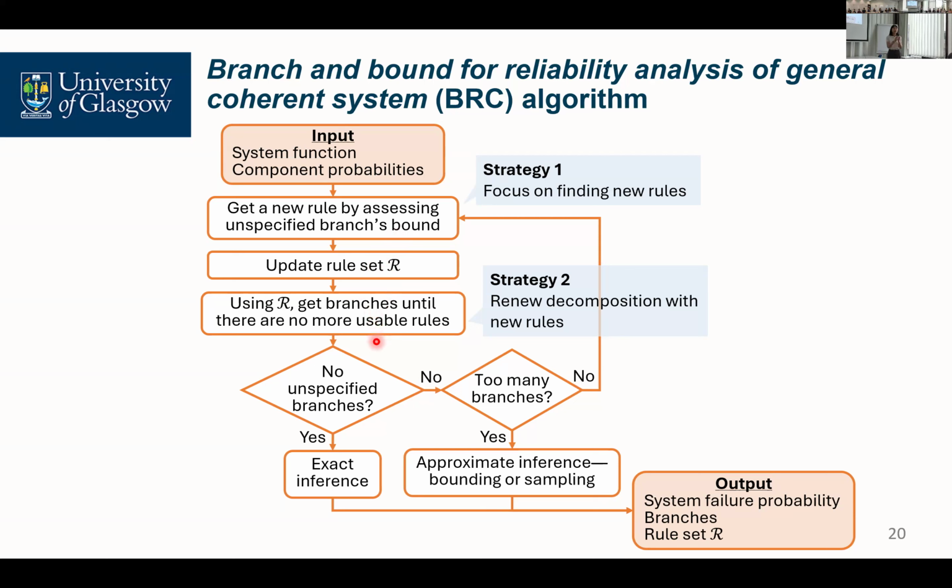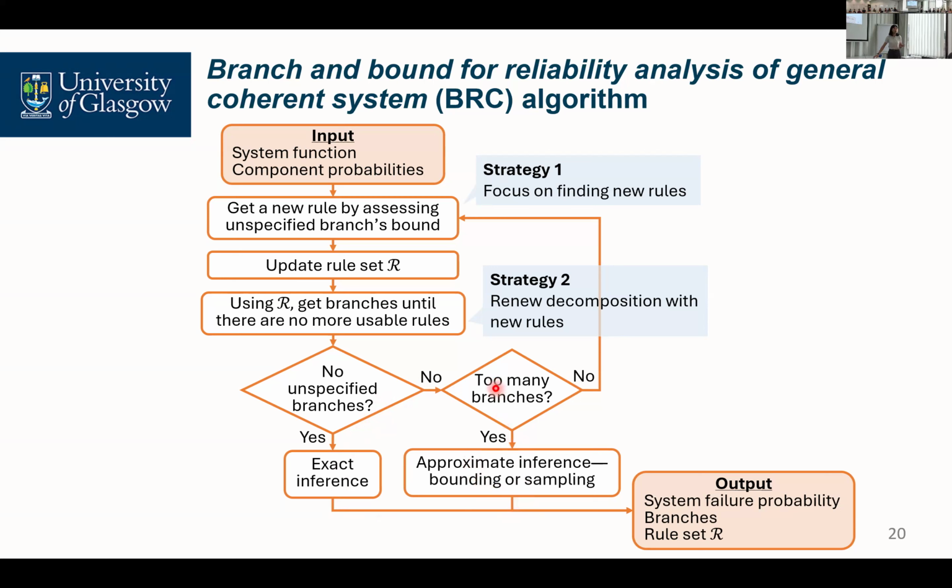Then, using these given rules, it tries to find the best ordering of decomposition. After doing that, if there are no unspecified branches, meaning every branch belongs to either the survival or failure domain, then we can do the exact inference, so we exit the algorithm.